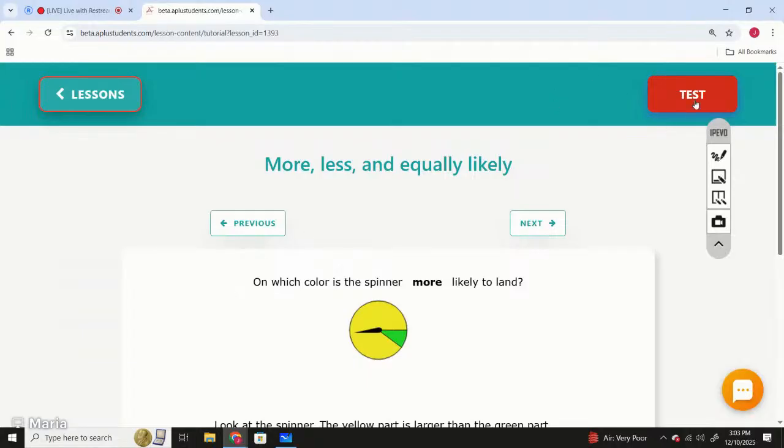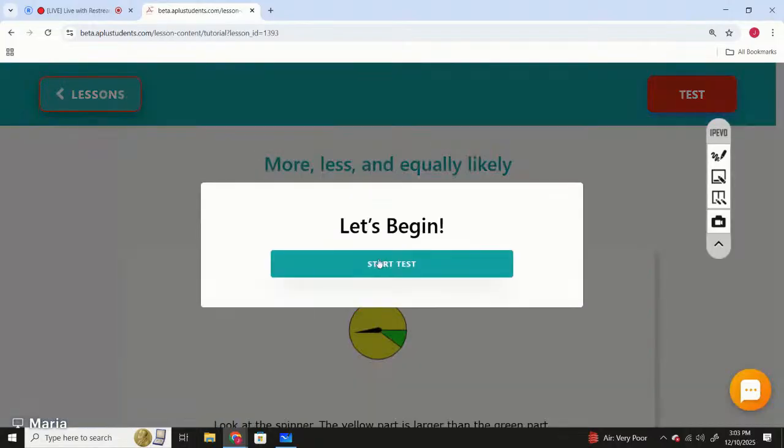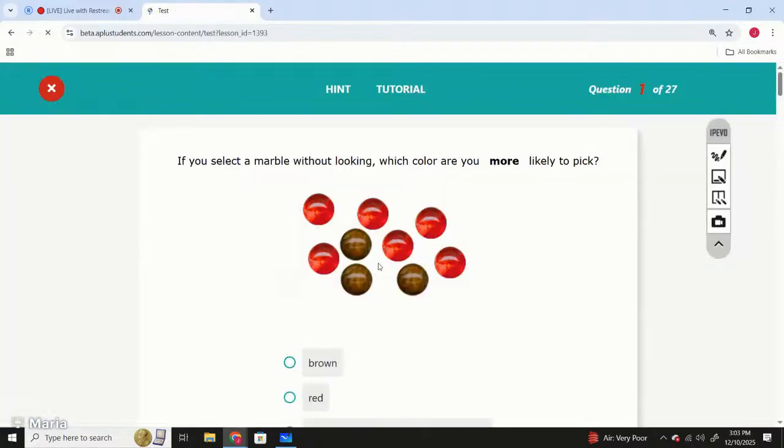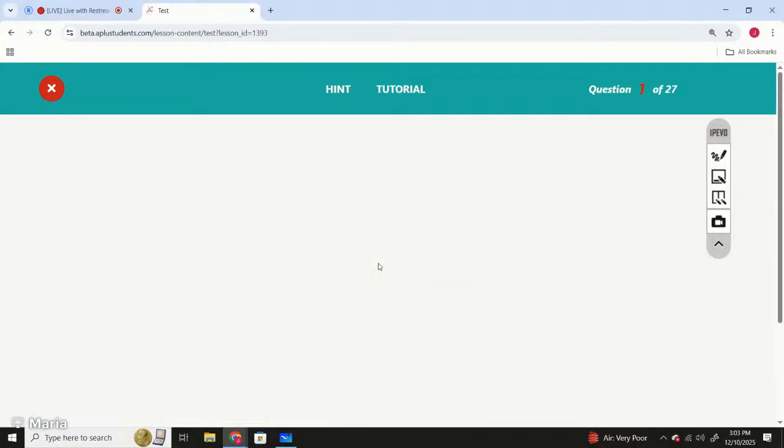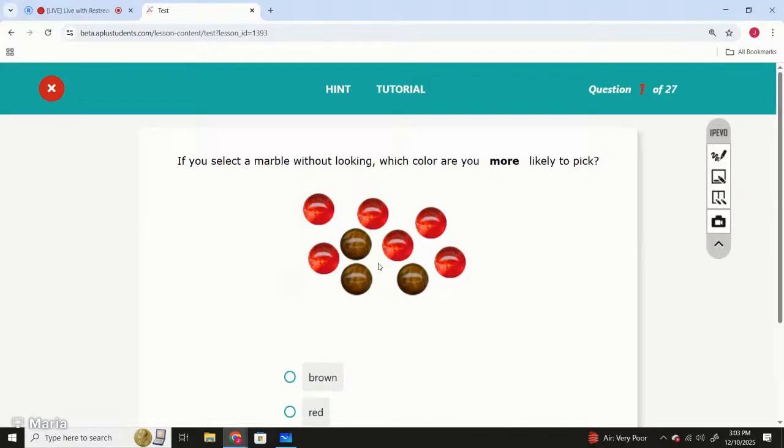Let's just start with the test questions. If you select a marble without looking, which color are you more likely to pick? So let's just look at the spinners.